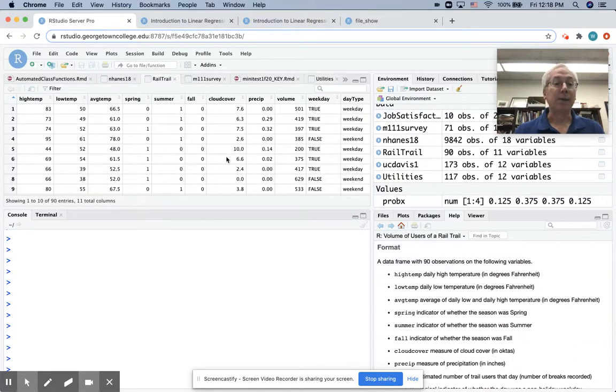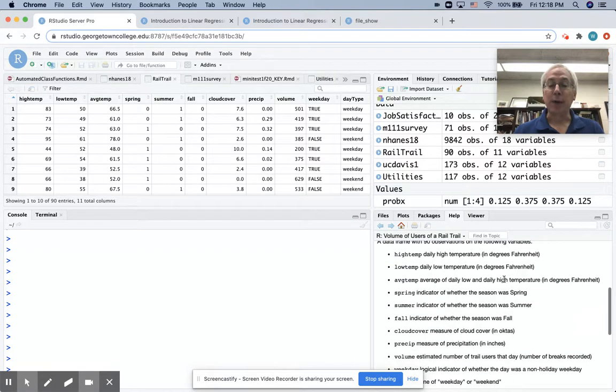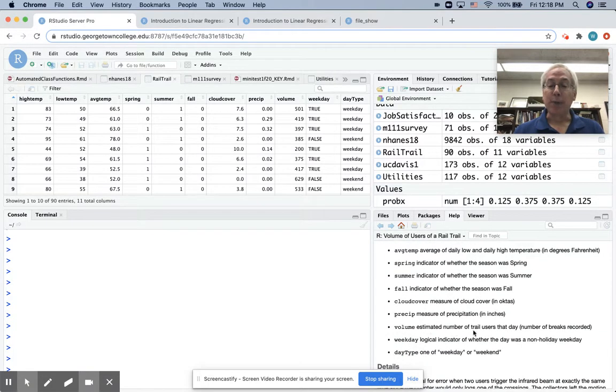And I've got the data set over here. We're going to be looking at a couple of variables from this data set. We're going to be looking at the volume column and the high temperature column. And so just a real quick view over here at the help file. High temp is the daily high temperature in degrees Fahrenheit. Volume is the estimated number of trail users on a particular day.